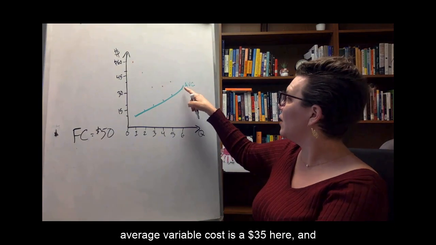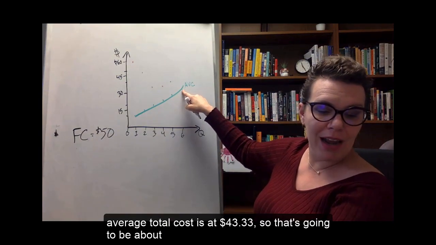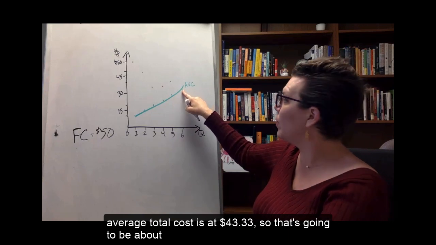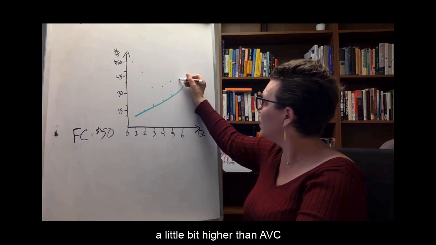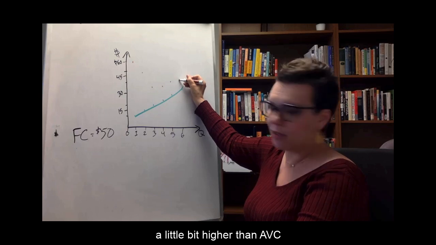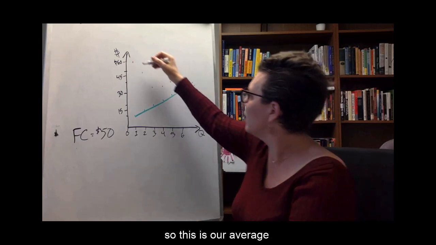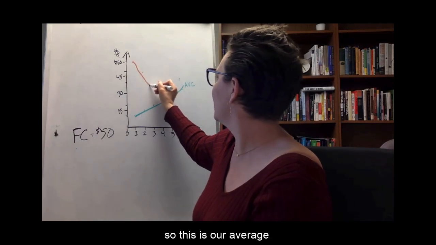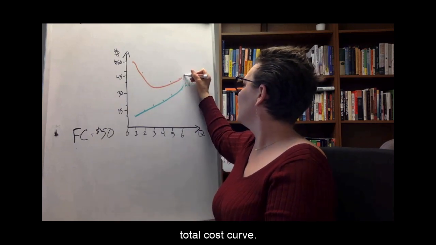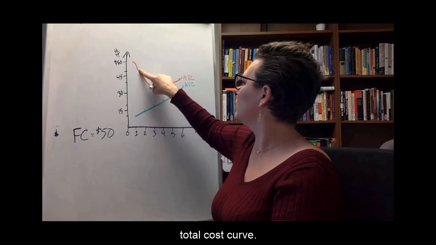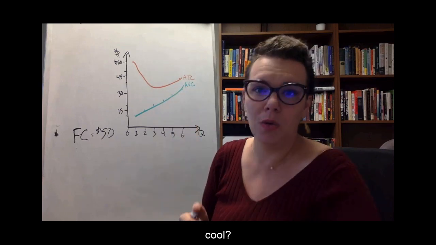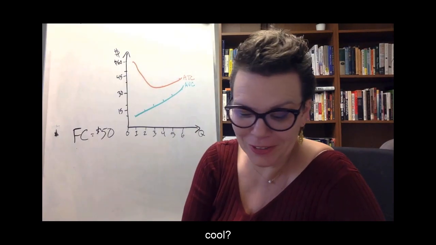Average variable cost is at 35 here, and average total cost is at 43.3. So that's going to be about a little bit higher than the 37. So this is our average total cost curve. Cool? So far, so good.